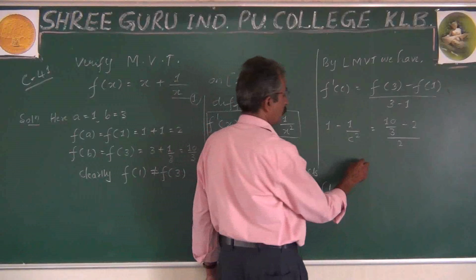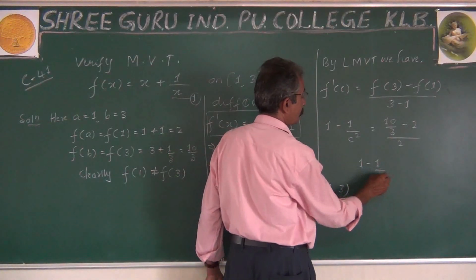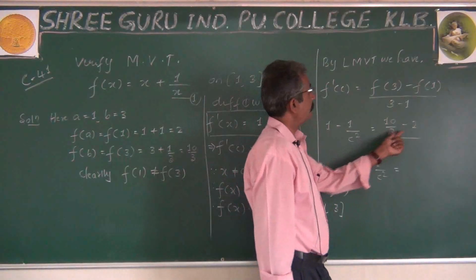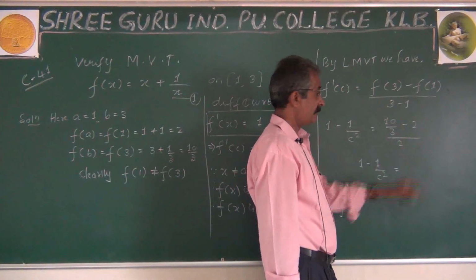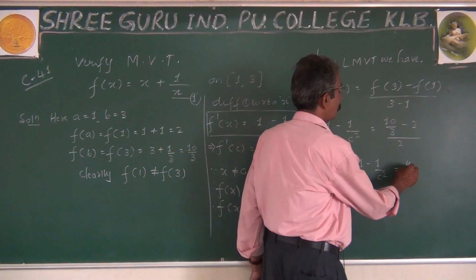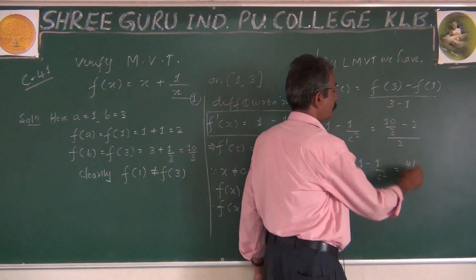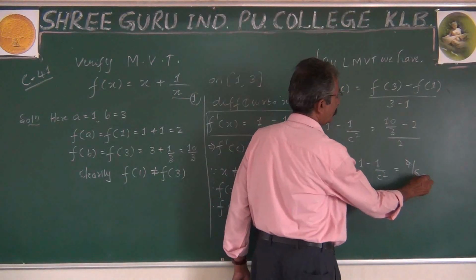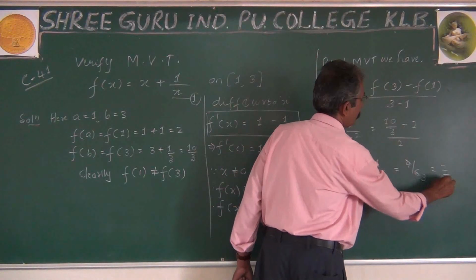Simplify: 1 minus 1 by c square equal to, in the numerator LCM 3 into 2, 6, 10 minus 6 is 4, divided by 3 into 2 becomes 6. So 2 2s are, 2 3s are, that is equal to 2 by 3.